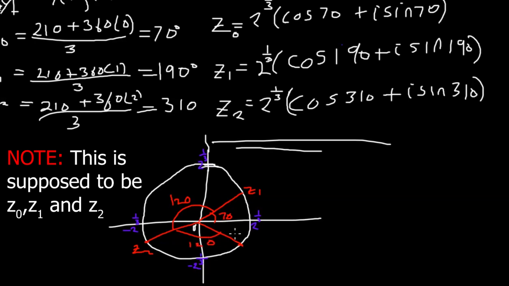When you measure the angle between 70 and 310, you discover that from 310 to 360 there is 50. Then 50 plus 70, you discover that this is also 120. And then this is your Z3.